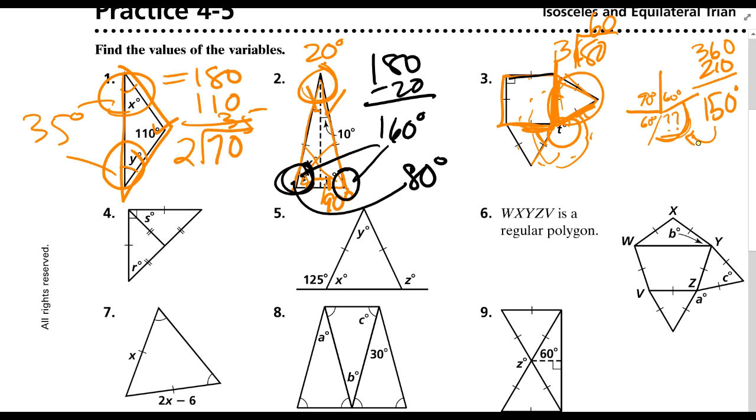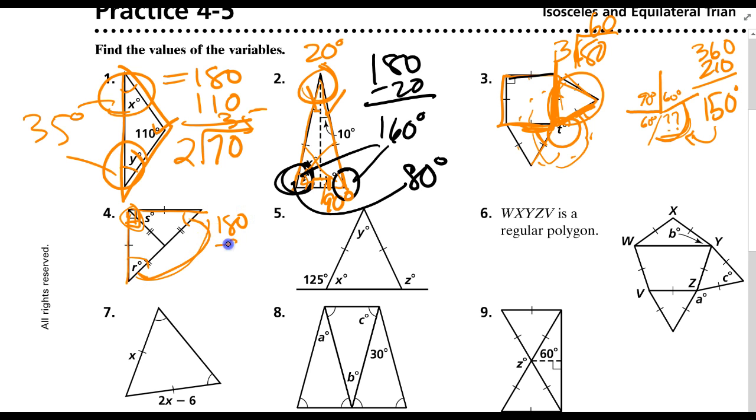Number 4. Well, let's see. We've got sides that are congruent, so that means this angle is congruent with that one. But then we actually have a bigger triangle that's a right triangle. Well, if this angle is 90, and we've got these two that are congruent, then these two will have to add up to 90.